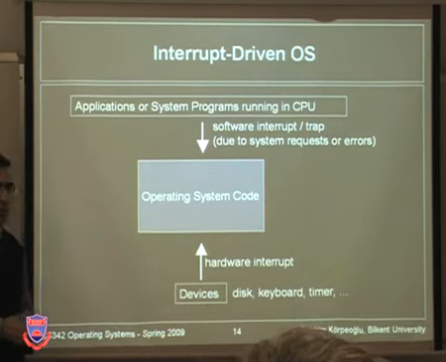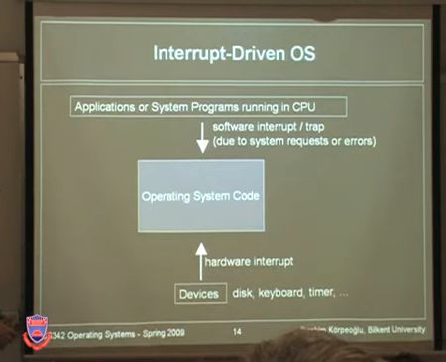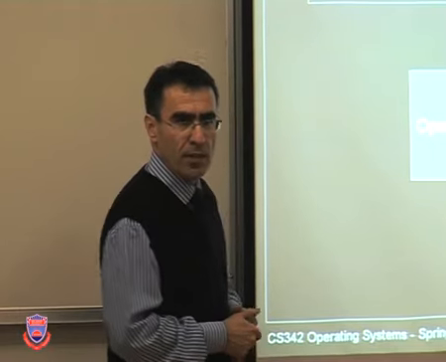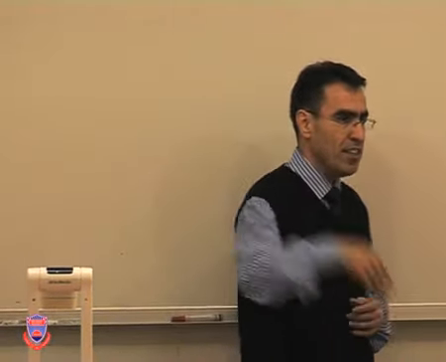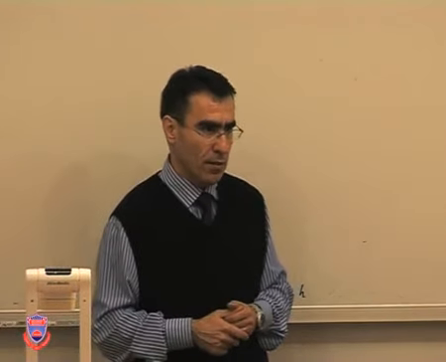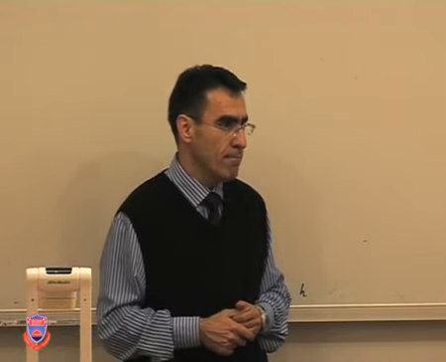This is called a trap, and that operating system routine is run in the CPU to do the I/O, okay? Is it clear? Therefore, we say that the operating system is interrupt-driven. It is loaded all the time in memory, but it is run in the CPU whenever interrupts happen, software or hardware interrupts, okay?